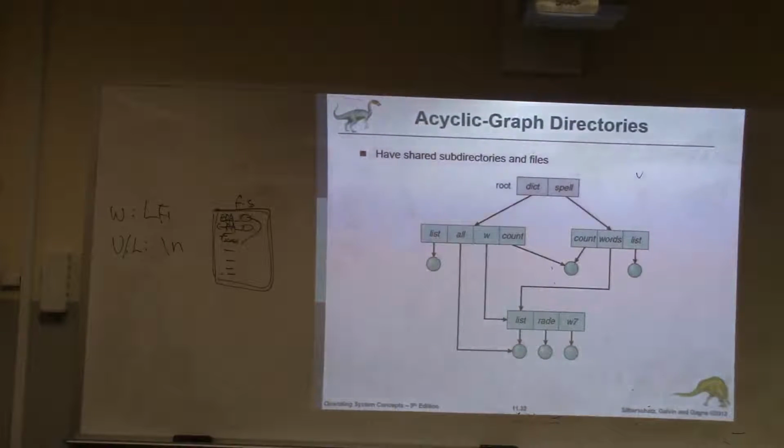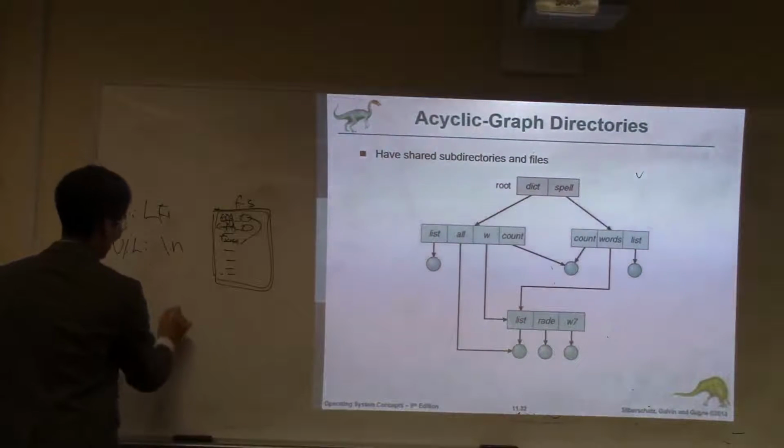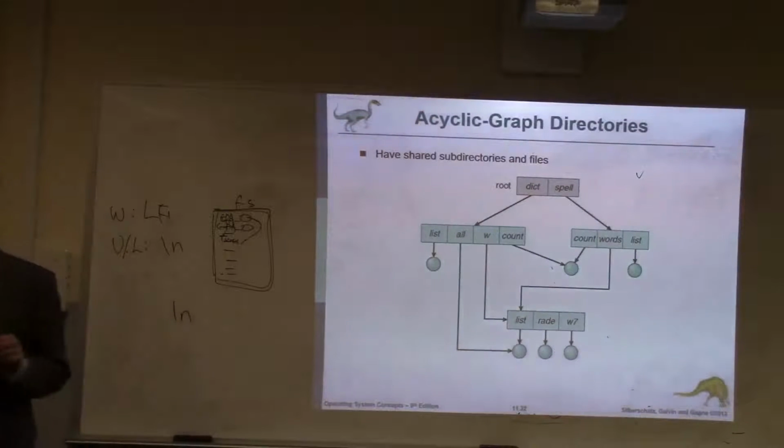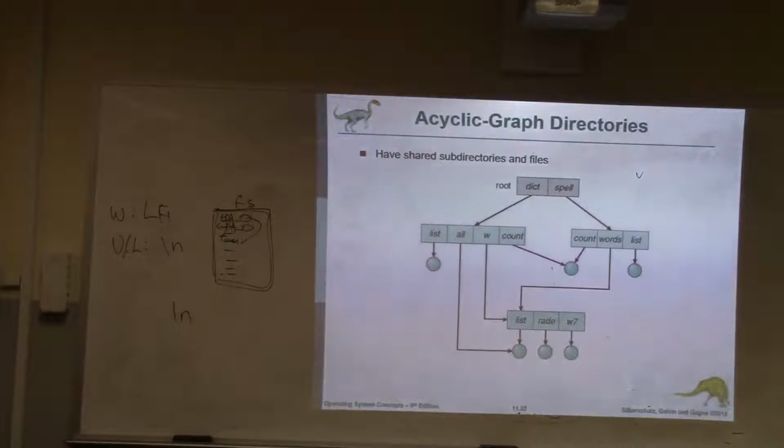What about Linux or Unix? How can they implement such sharing of a file for multiple directories? We have a similar thing called a link. Using the link, you can create such an acyclic graph.